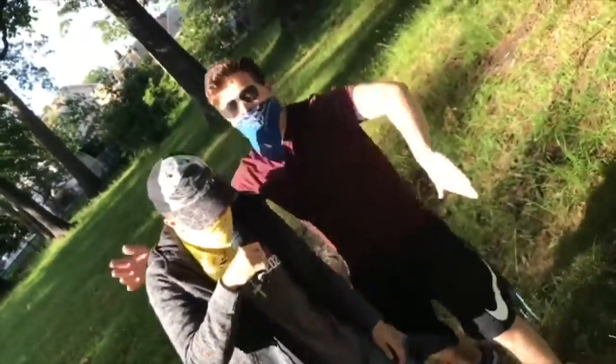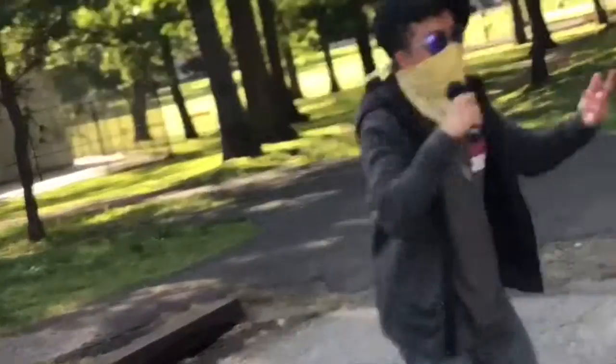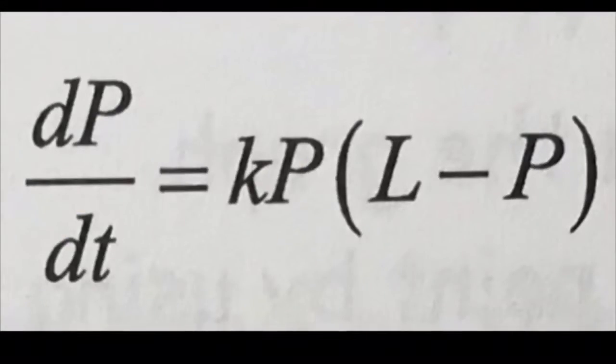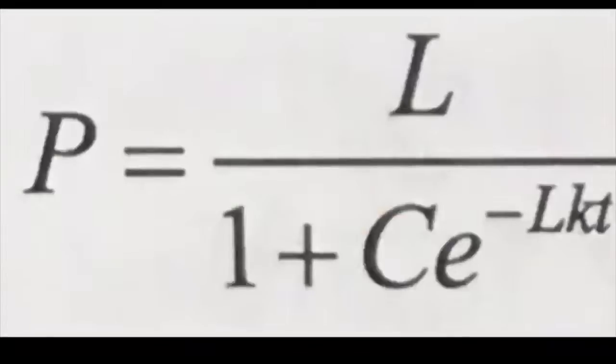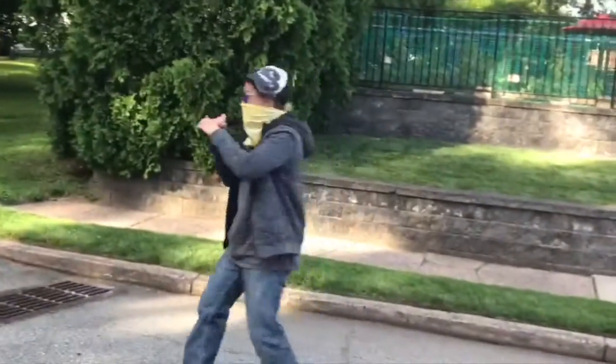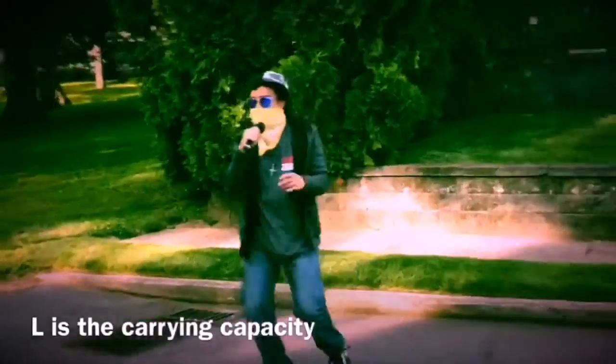Now there's the growth and decay. I got a bunch of stuff to say. If P is a differentiable function of t, such that dP/dt equals kP(L minus P), then P equals L divided by 1 plus C e raised to the negative LKt, and the limit of P of t as t approaches infinity equals L, the carrying capacity.